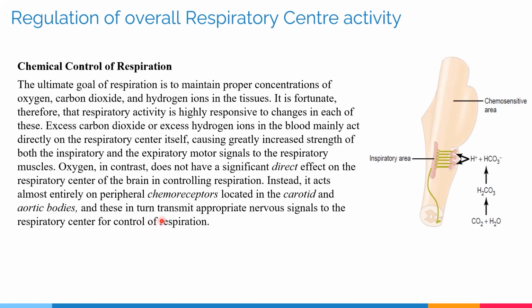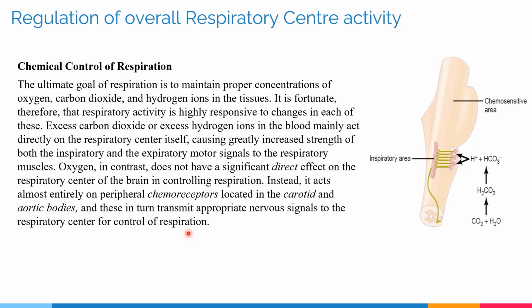And these in turn, that is the carotid and the aortic bodies, transmit appropriate nervous signals to the respiratory center for control of respiration. Thus, we see there is a stark difference between the regulation of respiration in response to changes in carbon dioxide and in response to changes in oxygen. In case of carbon dioxide, the respiratory center is directly involved and the changes are detected directly at the respiratory center itself.